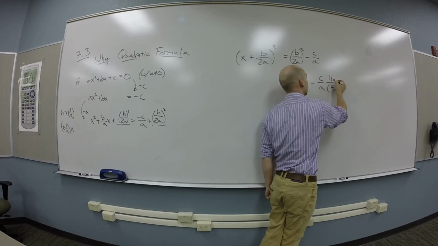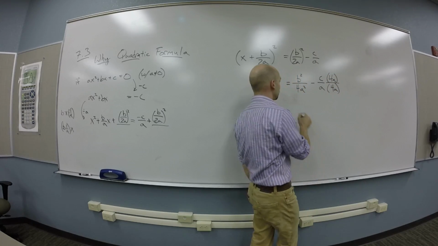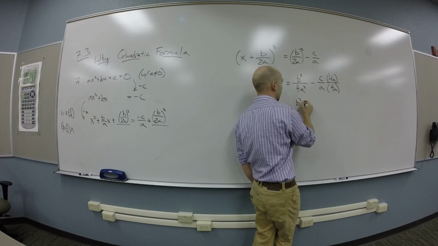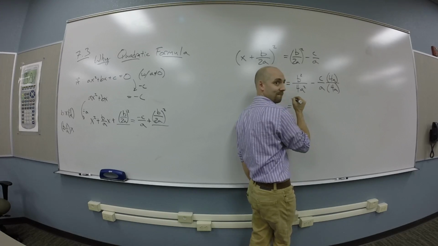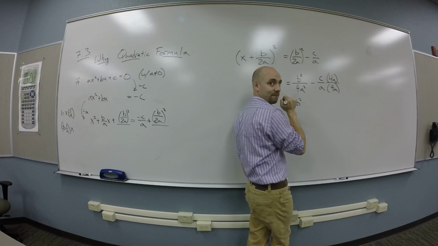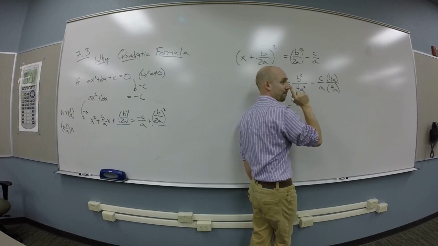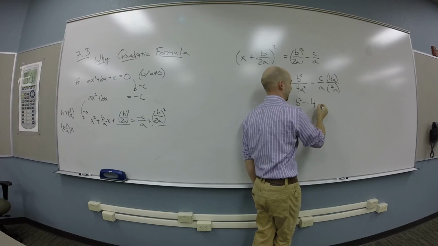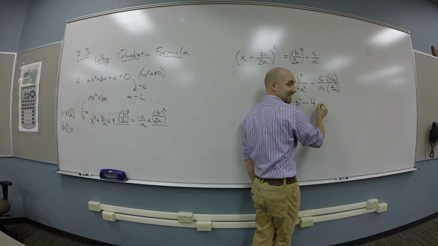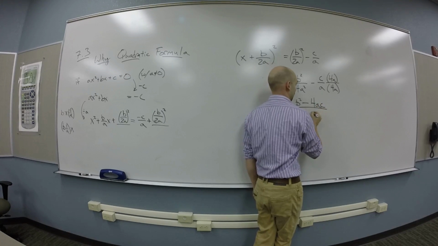Okay, so I got b squared over 4a squared minus 4ac. ac is the standard form, right? And then they're all over 4a squared.